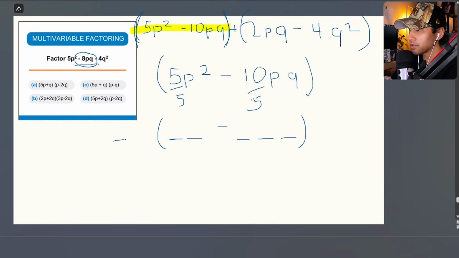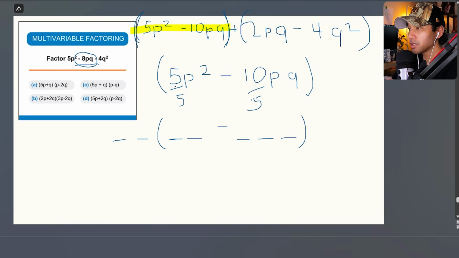I'm only going to write 2 terms on the outside, factoring out, because we can't take anything out from here because there is no q. So there's no term for us to factor out. So that's why we have 2 on the outside, 2 here for the 2 terms here, and then 3 here for the 3 terms here. The q is just going to stay in the equation that's in parentheses.